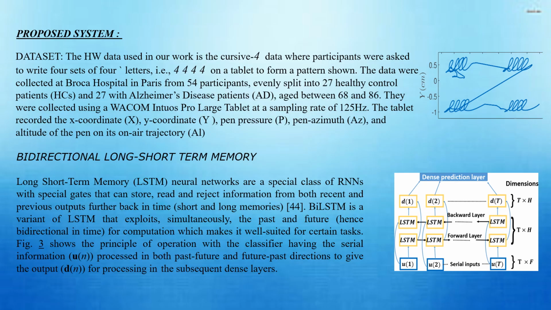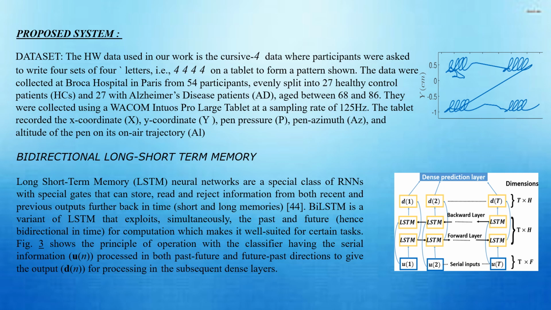So in the proposed system, the data used in our work is cursive four data, where participants were asked to write a set of four letters, that is, 4444, on a tablet from a pattern as shown in the diagram.